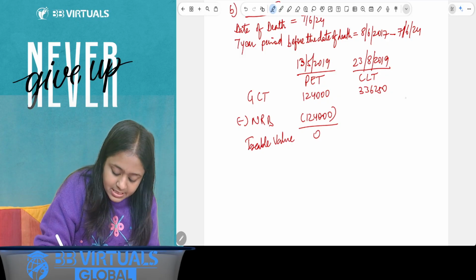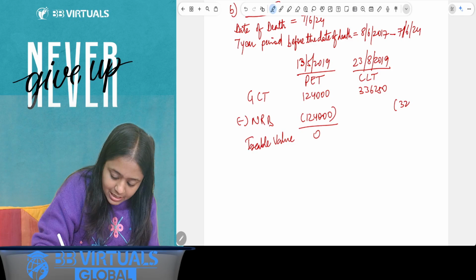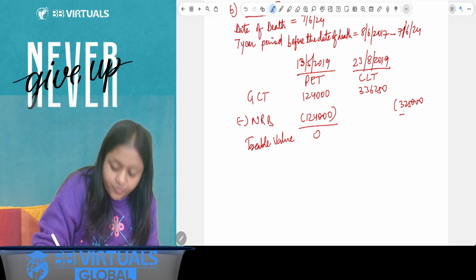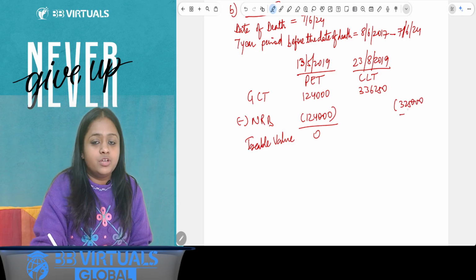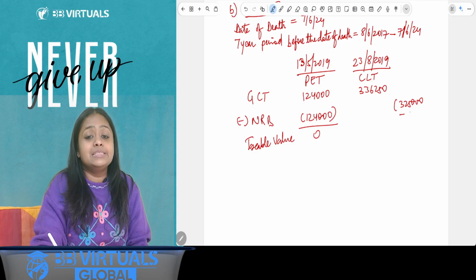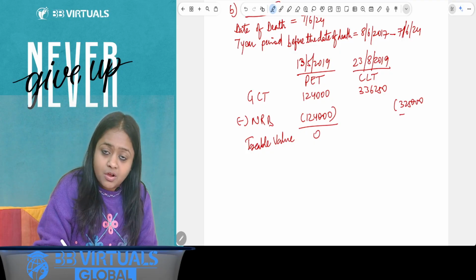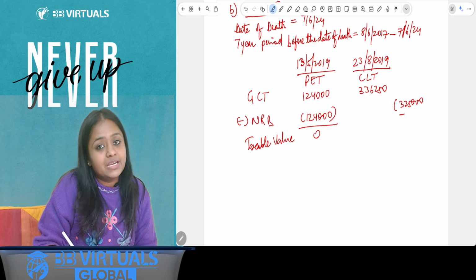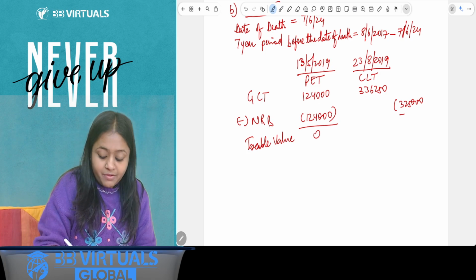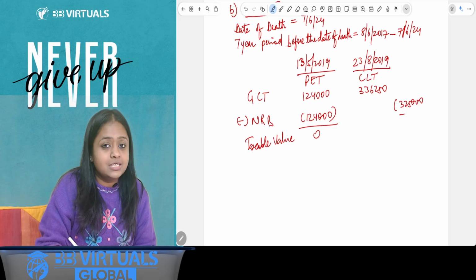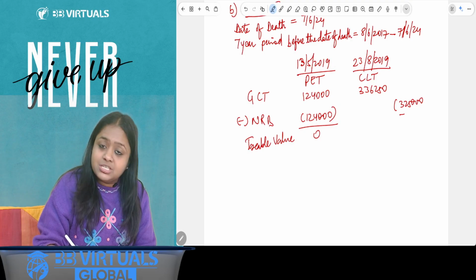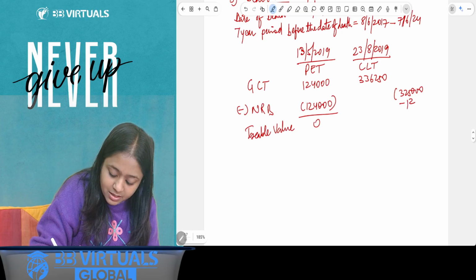Now here when I take NRB, I will reduce 3,25,000. From this I will reduce GCT of the chargeable transfer that is falling in 7 years prior to the date of gift. Date of gift is 23rd August 19. 7 year before period includes this 13th May 19. So I will reduce the GCT also here, 1,24,000.